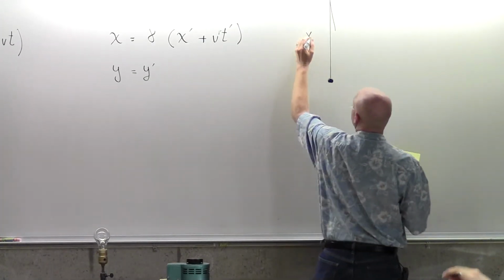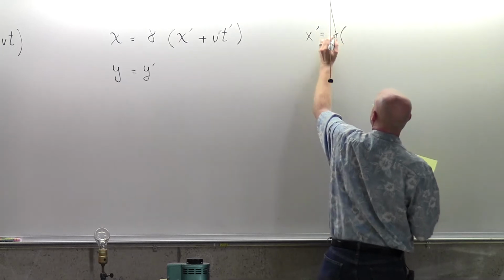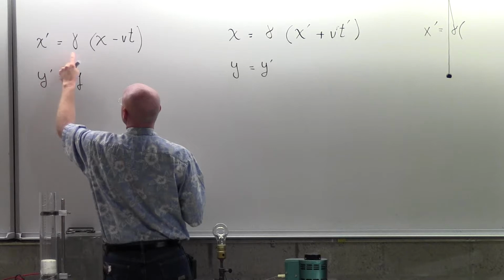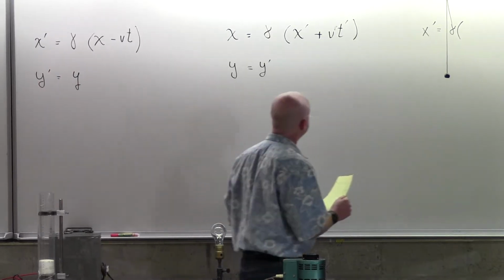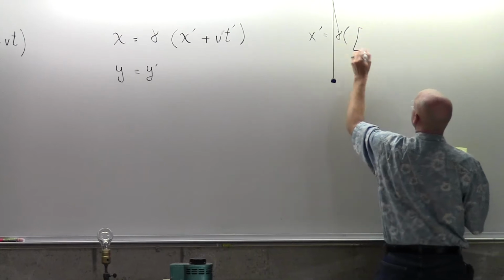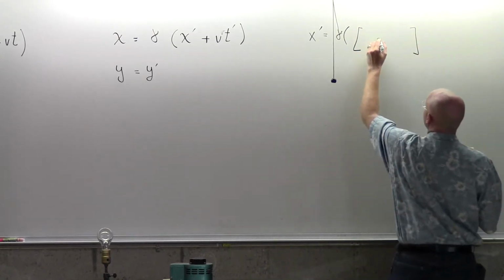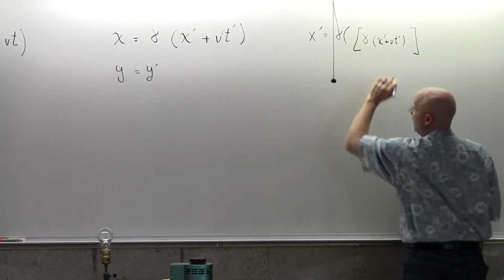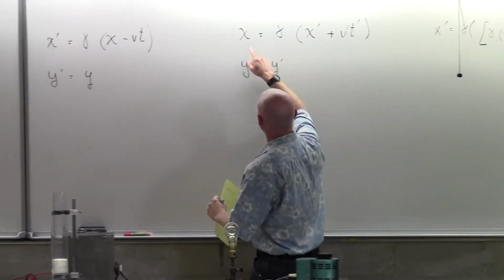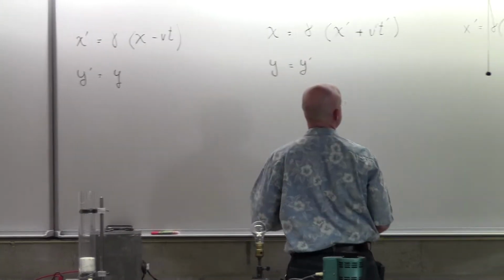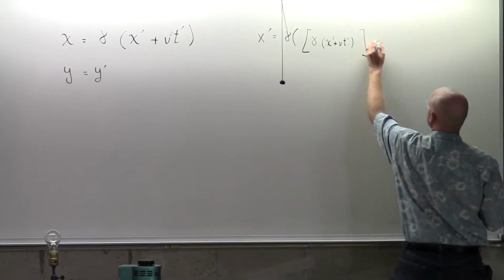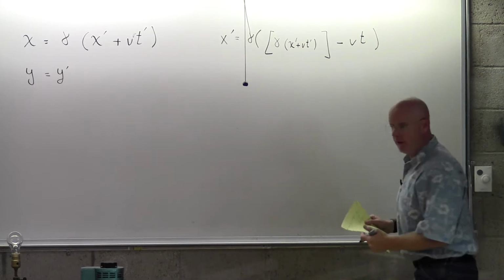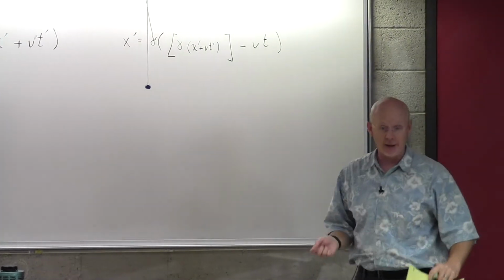If I were to put that first equation, which says x prime equals gamma, and in place of x, I could put gamma times x prime plus v t prime. So there's putting x into here. Let me not forget to subtract the vt. And if you look closely at this equation, you can see there's going to be a lot of algebra.